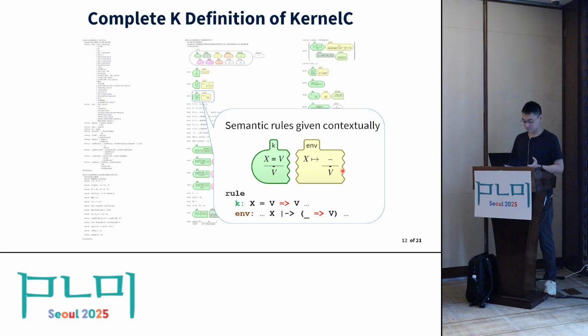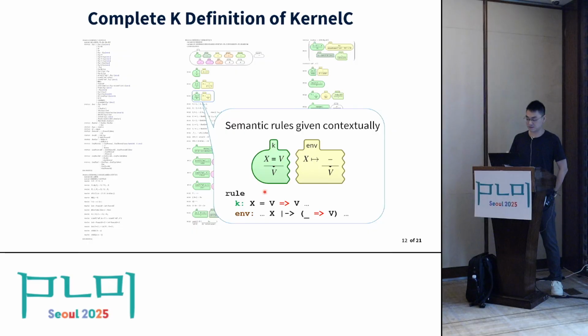This is a rewrite rule, and each step defines the semantics of assignment. And look what's interesting here, and I think this is one of the critical innovations of K: you don't mention anything that you don't need. Literally, you just mention the K cell, because you need to know it's an assignment, and the environment cell, where you need to do a rewrite. You don't need to mention any of the other cells.